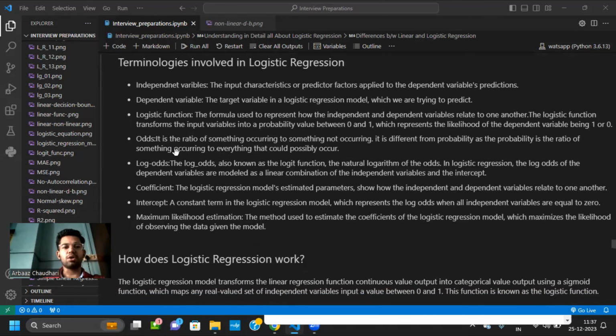Next is the odds. It is a ratio of something occurring to something not occurring. There could be two possibilities, right? The email could be spam or it could be not spam.